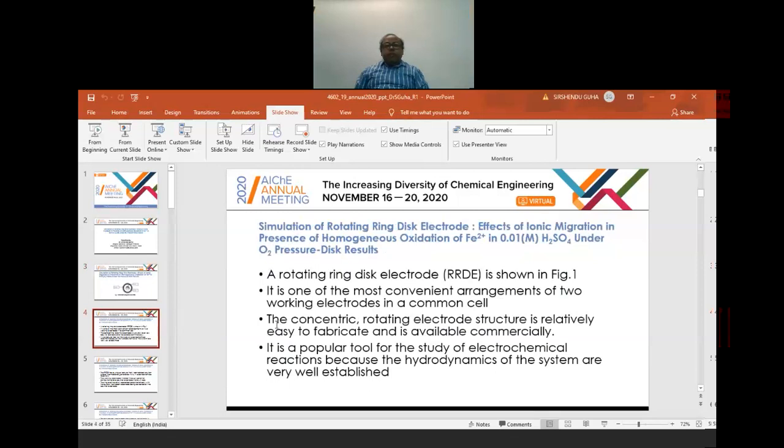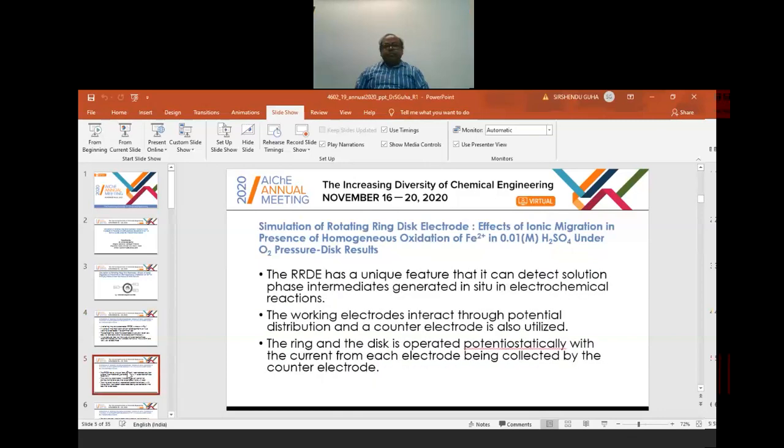As I have shown, the rotating ring disk electrode is a very convenient arrangement of two working electrodes in a common cell. The concentric rotating electrode structure is very easy to fabricate. It is available commercially. It is a popular tool for study of electrochemical reactions because the hydrodynamics of the system is very well established.